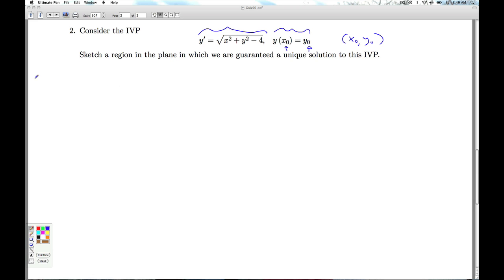So we're going to have to go back and use that existence and uniqueness theorem that we had in section 2.1.